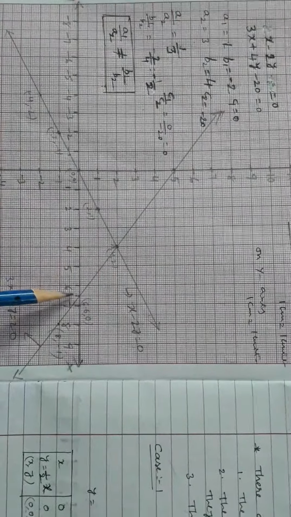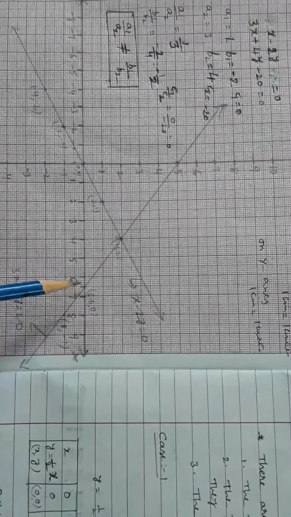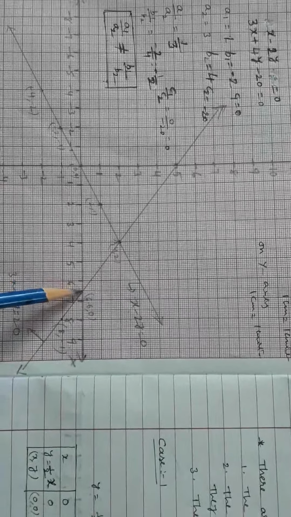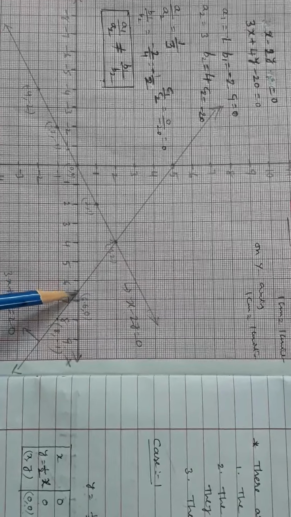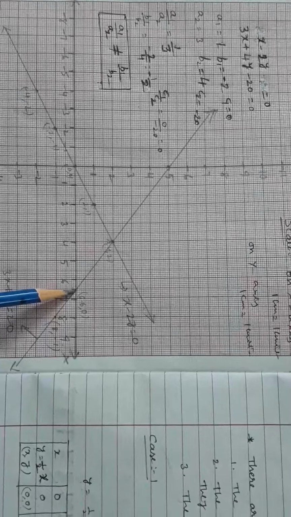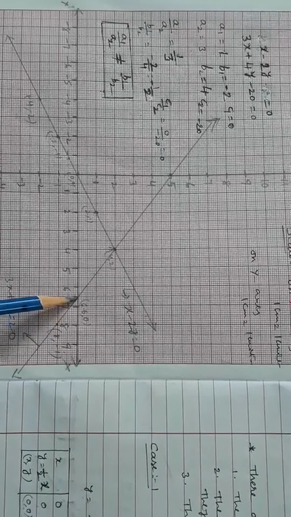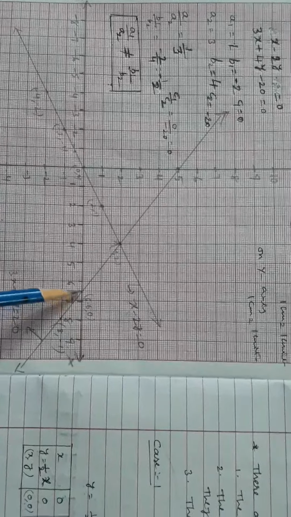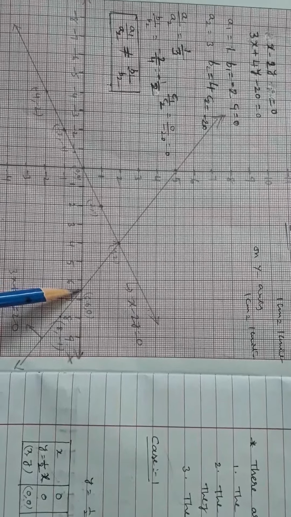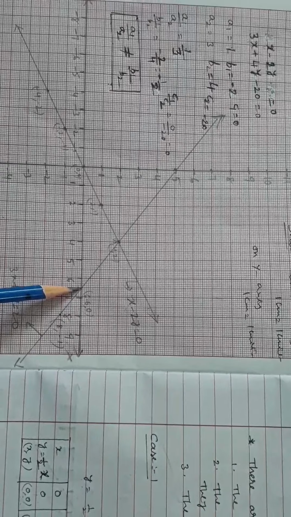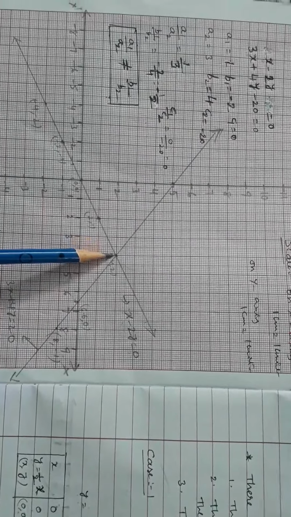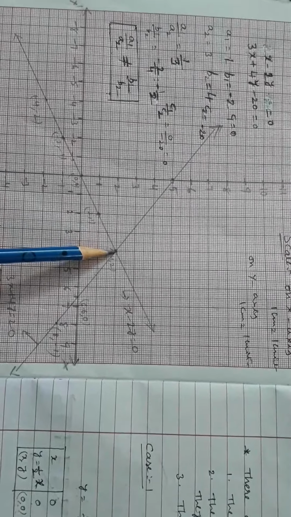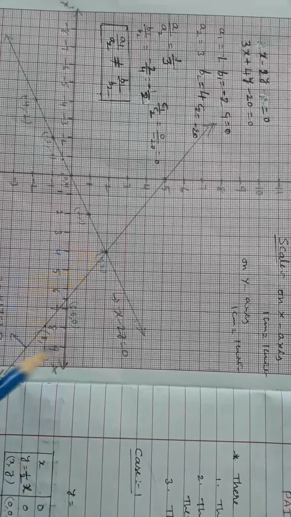Next point is 6.6 comma 0. After the fifth line is 6.5 and the next small line is 6.6, that is 6.6 comma 0. On the x-axis the y coordinate is always 0. Next point is 4 comma 2, and then 8 comma minus 1.